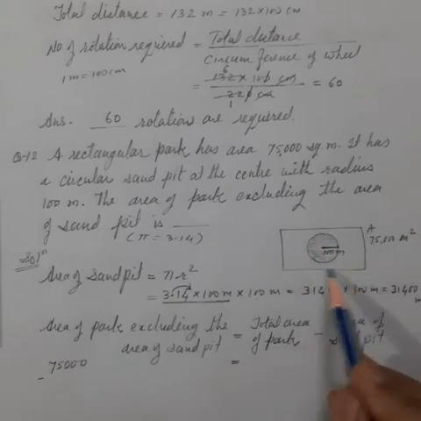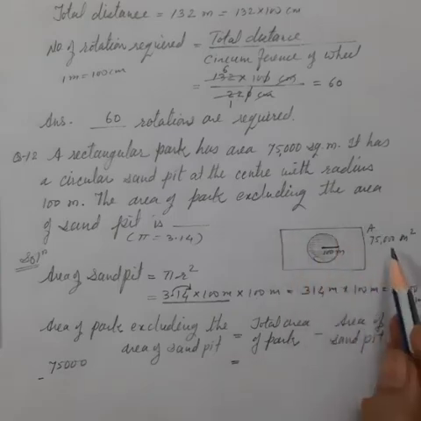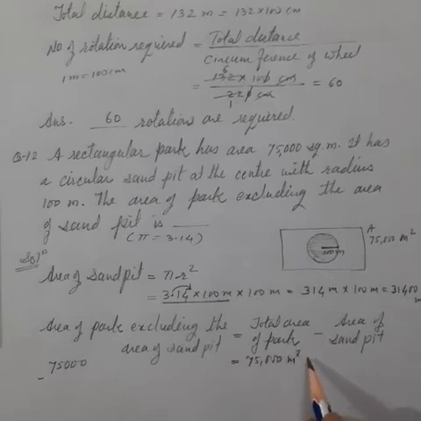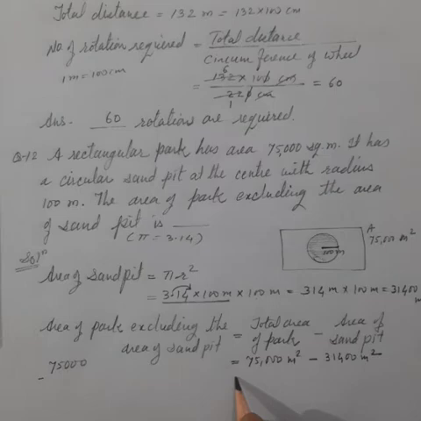To get the remaining area from the total area of the park, it is 75,000 meter square. Subtract the area of sandpit. 31,400 meter square.